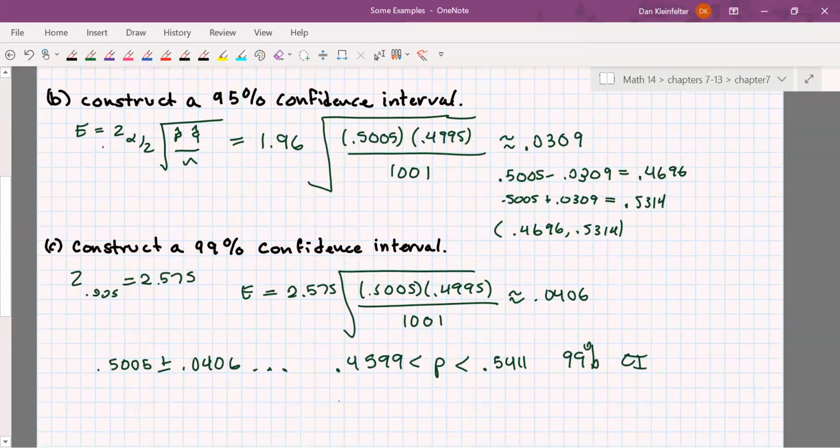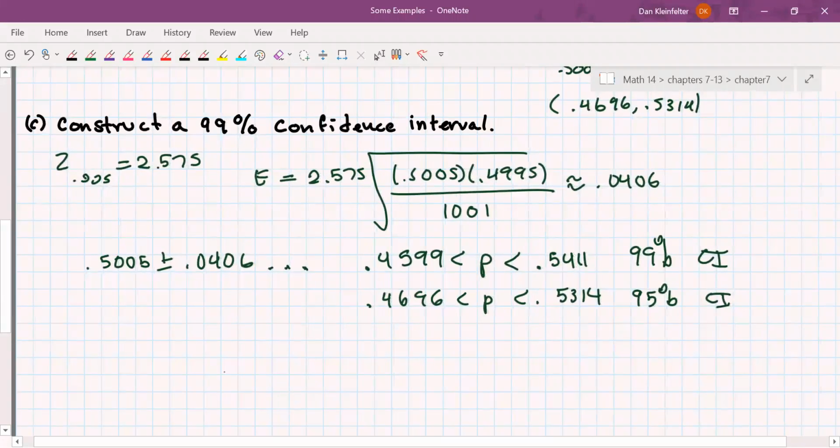In comparing that to our last one, we want to think about which is a narrower interval. The 95% confidence interval went from 0.4696 up to 0.5314. If we want to be 99% confident in our estimate of P, you'll notice that the left end is less and the right end is higher. Thinking about it, that makes sense.